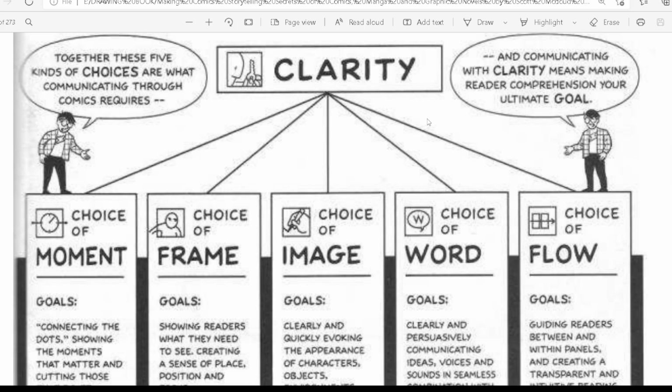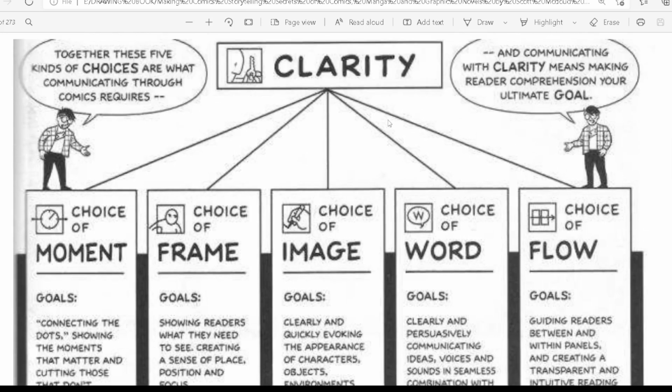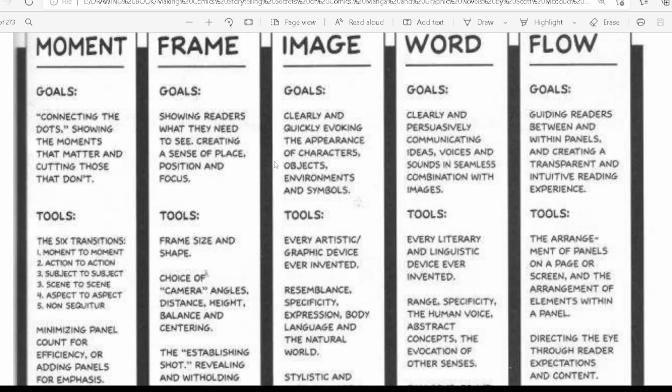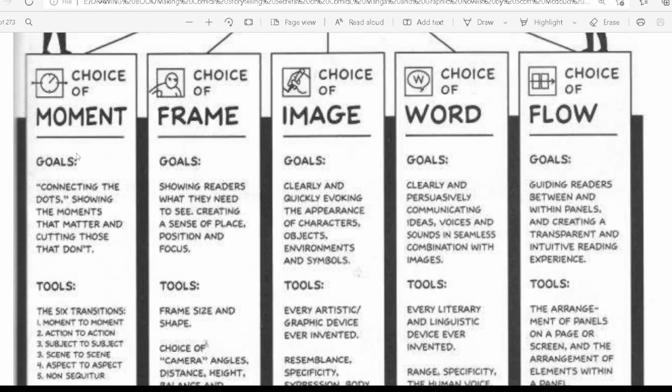Because when you start to draw or make a comic strip, you will find that while you are trying to convey the story that is in your mind, you have to be clear, and those 5 steps will help you a lot. If you have clarity about these 5 steps, I think everyone can understand your comic strip. So let's see choice of moment.